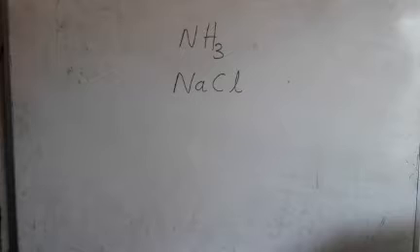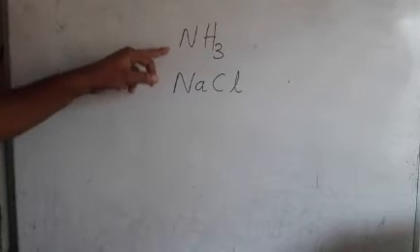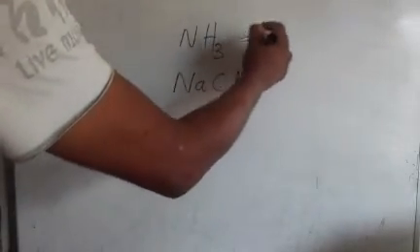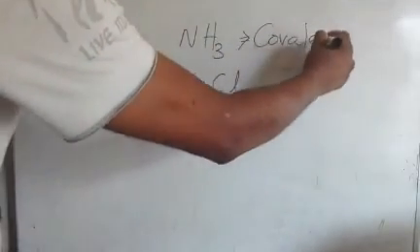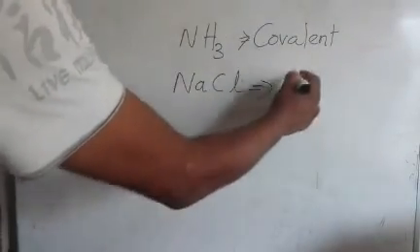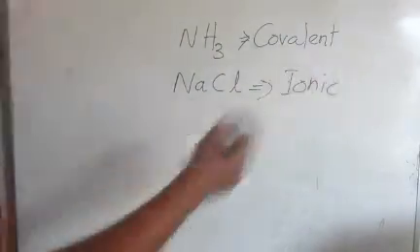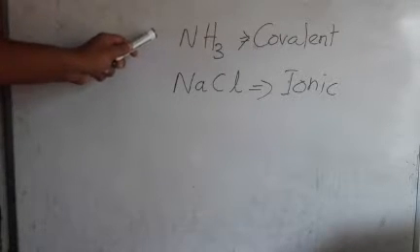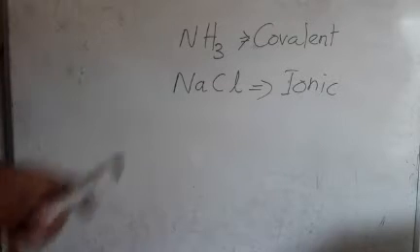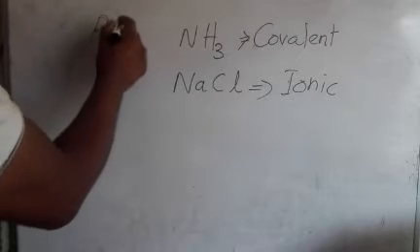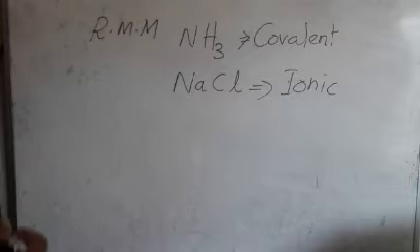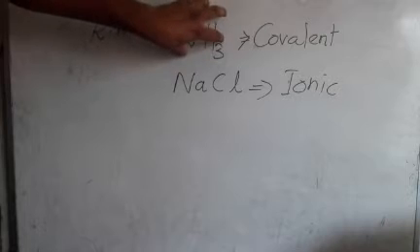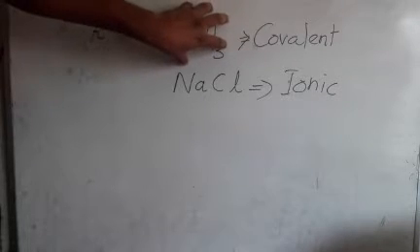Two compounds are shown here. This is ammonia and this is sodium chloride. Ammonia is a covalent compound, while sodium chloride is an ionic compound. So when ammonia is considered, we use relative molecular mass, since ammonia contains discrete molecules.